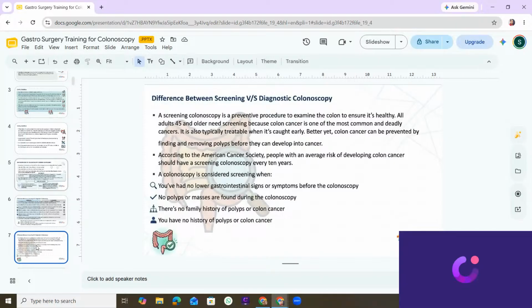So in these questions, screening colonoscopy is a preventive procedure to examine the colon to ensure it is healthy. All adults 45 and older need screening because colon cancer is one of the most common and deadly cancers.